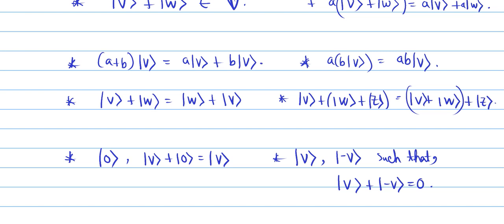There exists a null vector denoted by 0, and the sum of the null vector with any vector gives us the vector back. And there also exists an inverse vector for every vector in our vector space, such that the vector plus its inverse gives us the 0 vector or null vector.